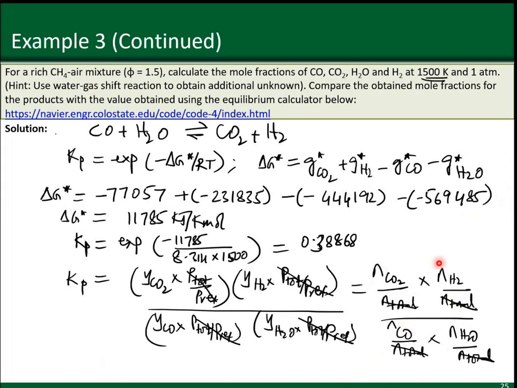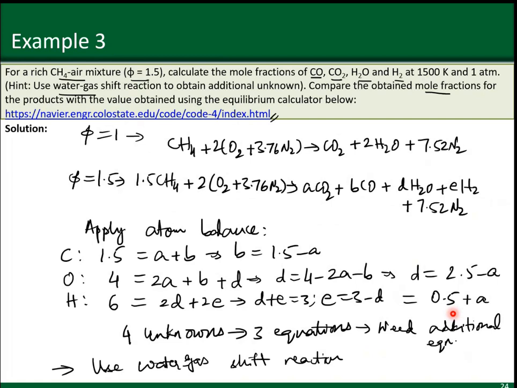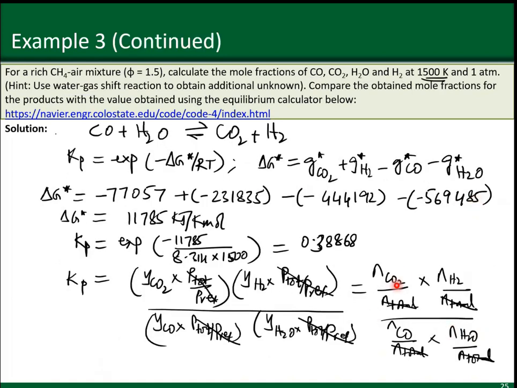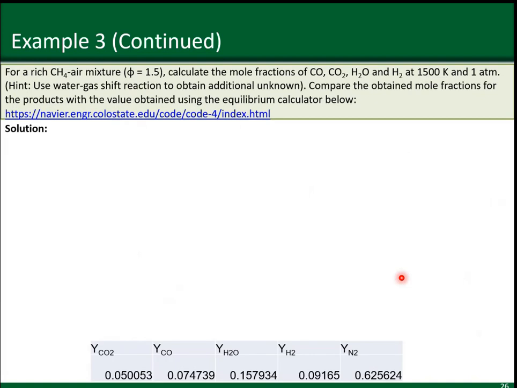This is another equation that helps us constrain those relations, right? So what we are going to do is simply go back and substitute the number of moles for each of these molecules, which we get from this side, A, B, D, and E. These are the moles that we need to substitute correspondingly here, and then we start looking at our solution. Okay, so let's move ahead and do that.